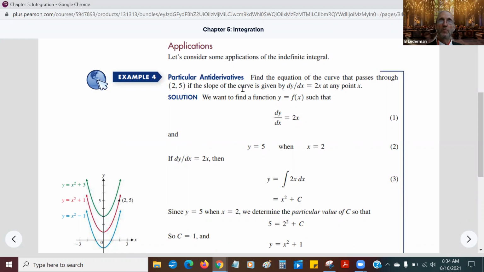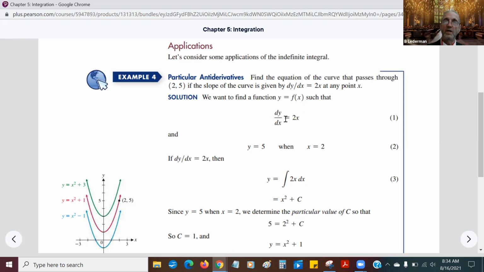Now, if they're saying the slope of the curve is given by dy/dx equals 2x, that's a fancy way of saying that y is the antiderivative of 2x. Because when I take a derivative, that gives me the slope of the tangent. So if the slope of the tangent is 2x, that means the derivative is 2x, which means my original function is going to be the antiderivative.